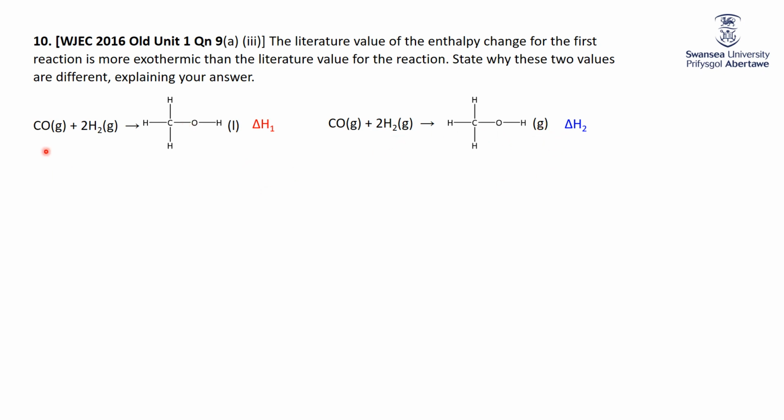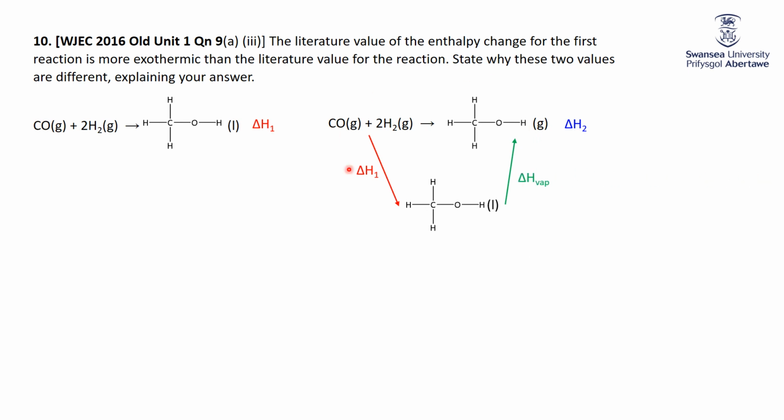So let's see if we can't combine things a little bit. Let's say that instead of just going from CO and 2H2 completely to gaseous methanol, let's first of all go to liquid methanol. And of course, that is delta H1. And now to get back to the gas one, we're just going to turn liquid into a gas. That is the heat of vaporization.